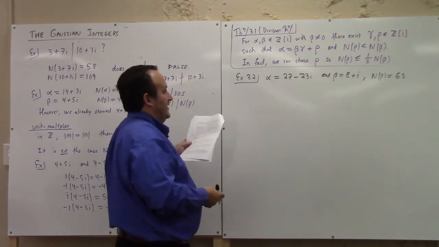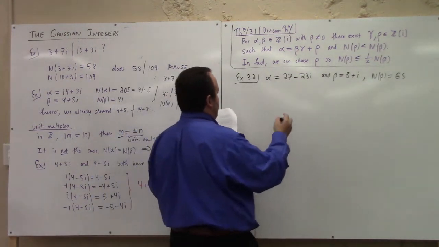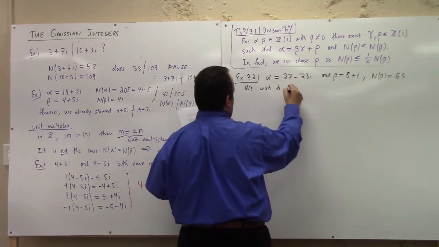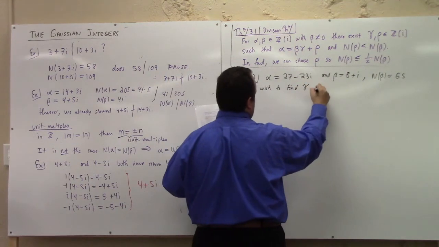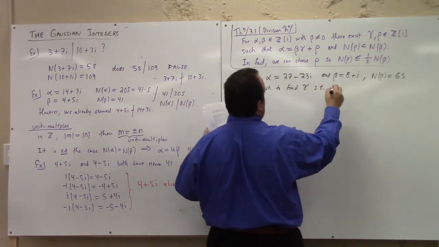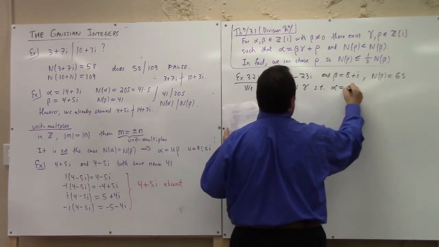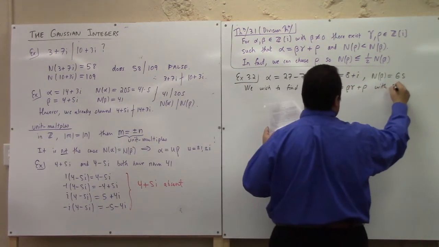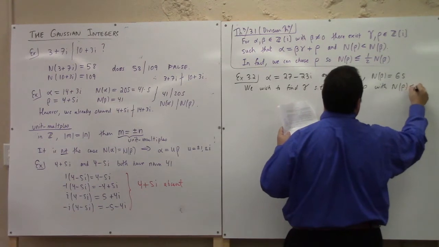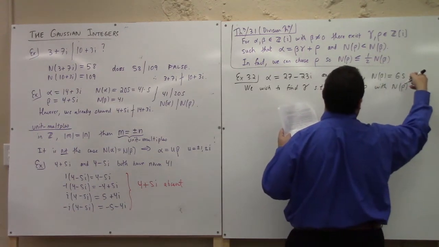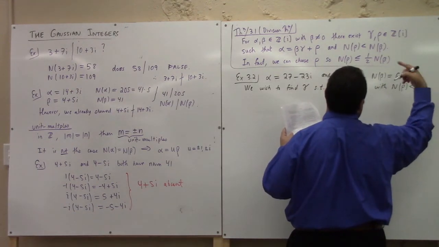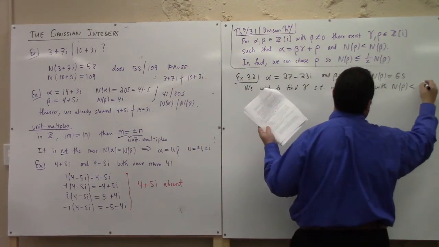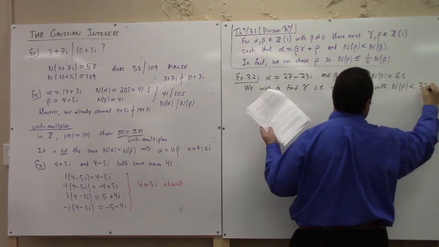So we wish to find gamma such that alpha is beta gamma plus rho, with the norm of rho being at most 1/2 of 65, which is 32.5.